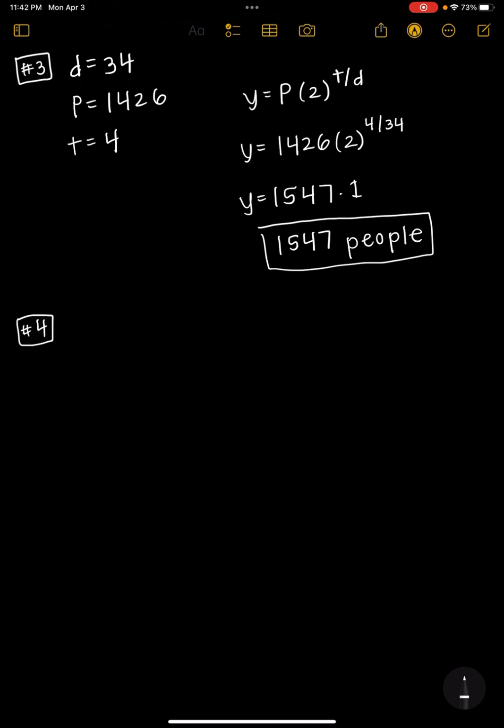It tells us automatically, it says something about half. So we're going to use that halving formula, which is y is equal to P times 1/2 to the power of t divided by h, where P is the starting temperature of the coffee, which is 53.8. Then t is the amount of time we're going to wait for it, so that's 8 minutes.